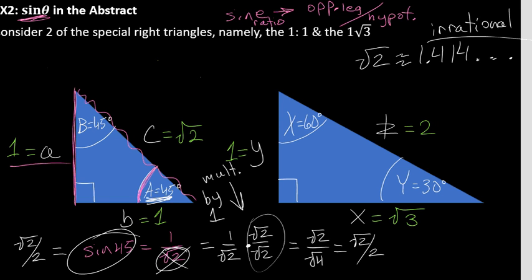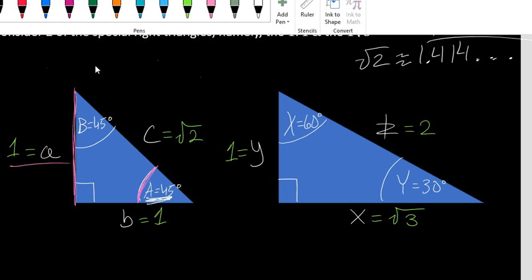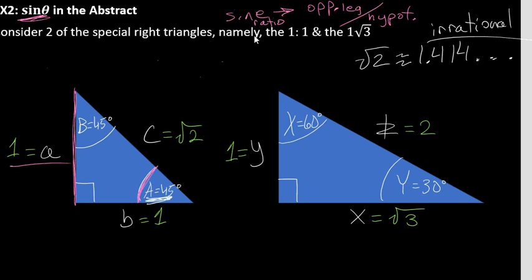Well, what about these other angles? Let me erase, give myself some room again. If we look at those in the same respect, we can plainly see that the sine of 30 degrees, for example, is opposite over hypotenuse, so it'd be 1/2.